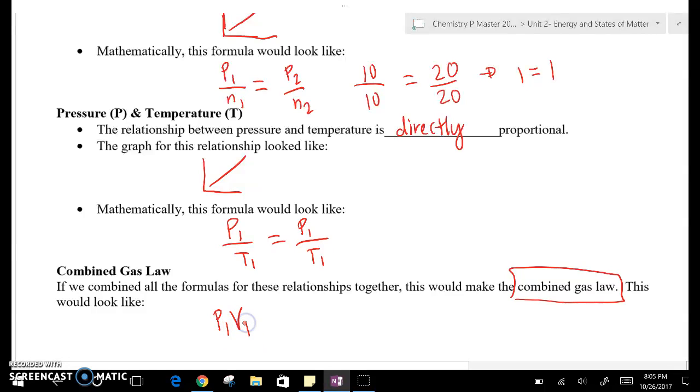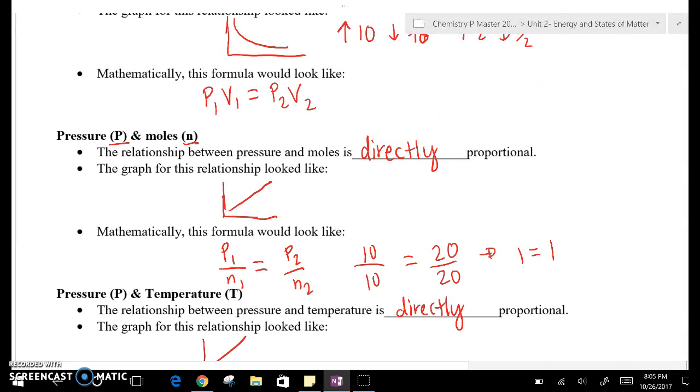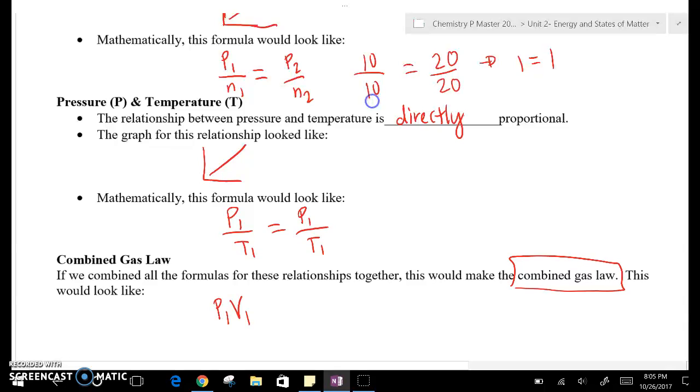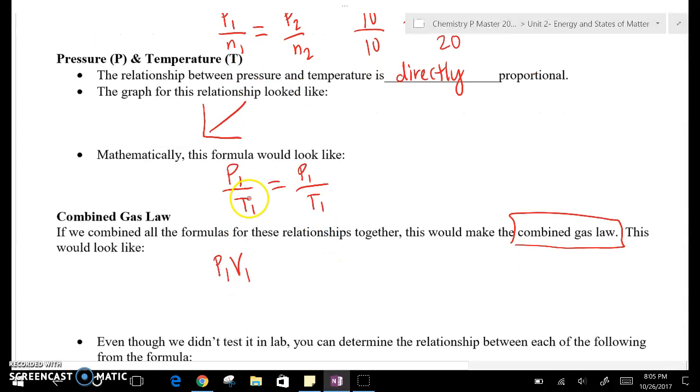So P1, V1, just like we had up here with our pressure and volume relationship. And then we notice we have both moles and temperature on the bottom. Those are both just ones. So that means P2, V2 would be equal to T2, n2.